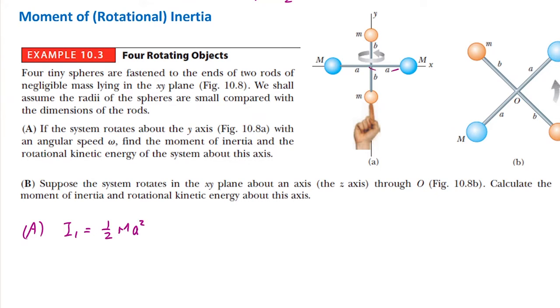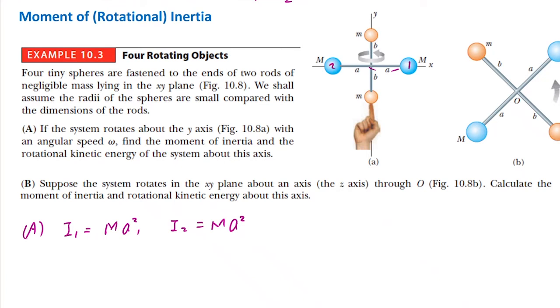This is A. Did you get that? You look puzzled. And then I2 is also M A squared. Let's say this is 1 and this is 2.